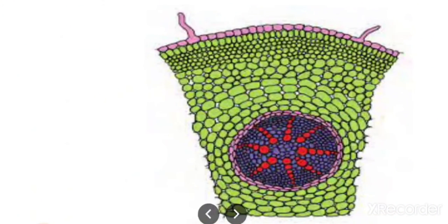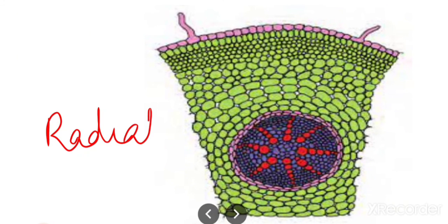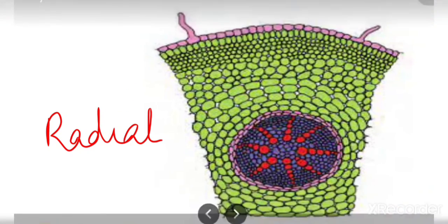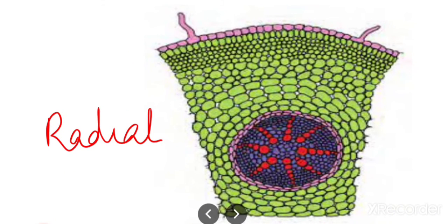So now you need to guess what is this slide actually representing. The first thing that I can notice is the vascular bundles. The vascular bundles, they are radial vascular bundles. That means it should be a root. Now the second thing, whether it is a dicot root or a monocot root. So you can see there is a big pith in the center, and there are lot of vascular bundles.